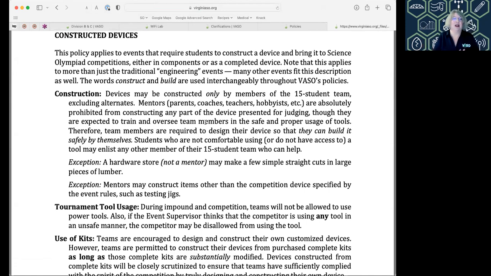But mentors, the parents are absolutely prohibited from constructing any part of the device that is presented for judging. But by all means, I have been a parent of 3 students in this who've all done building events. Watch them like a hawk, teach them to use tools, demonstrate on something that's not going into the device, help them learn the skills, help them learn safe and proper usage of the tools. So they need to design their devices so they can build it safely themselves.